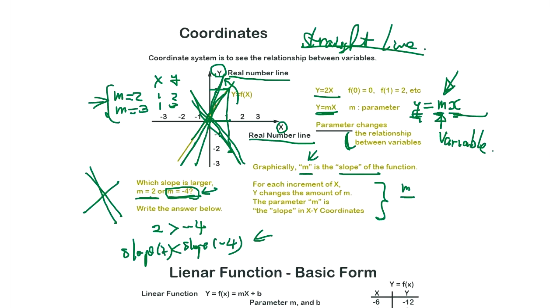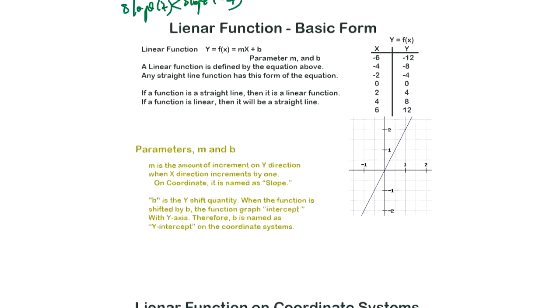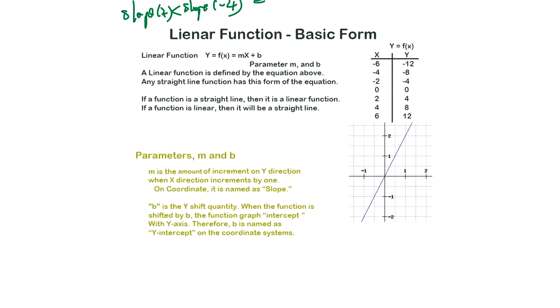So now we come to the basic linear function basic. Let's see. Linear function basic form. Okay, the first form you learn is y equals f of x, so mx plus b. This plus b looks familiar. It's a shifted function, and y shifted, right?